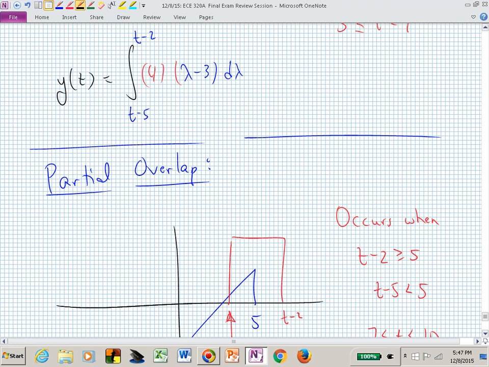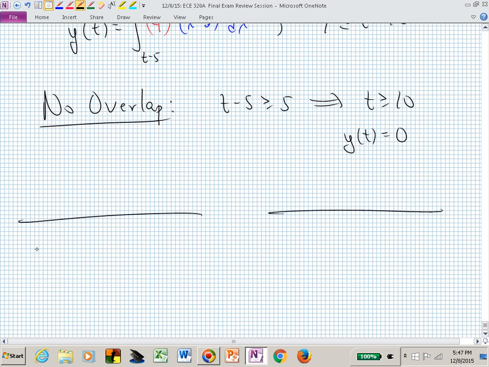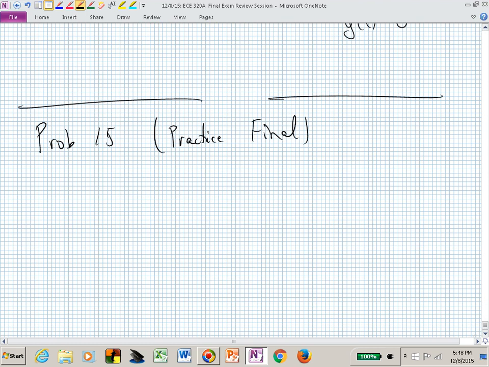So now you have a 1, 0, and this is now 2. Okay, so now what this is, let's say, problem 15 on practice final. And it's wanting to know what is the expression for y when t is between two different limits, between 4 and 6.